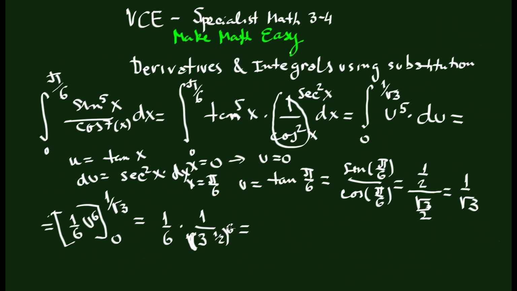So 1/2 times 6 is 6 halves, which is 3. So 1/6 times 1 over 3 to the power of 3. So it's 1 over 27 times 6, so 1 over 120 plus 42, so 162. And that's our example.